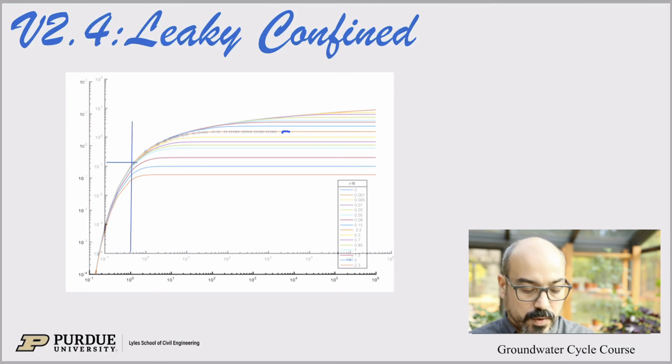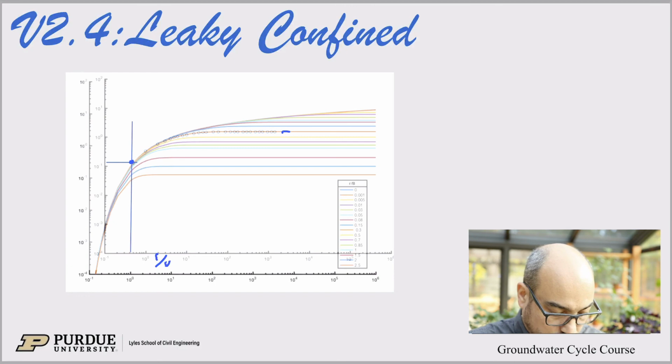So you find the right curve, you fit it, and of course you still have a match point that you can choose at 1 and 1, but in this case, I didn't. So here you can see the value of 1 over u on the x-axis is here, and the value of W(u) is here, and R over B, this is that orange curve.